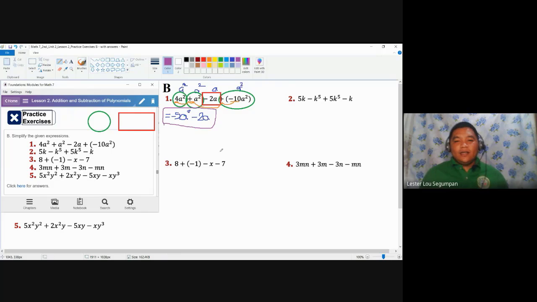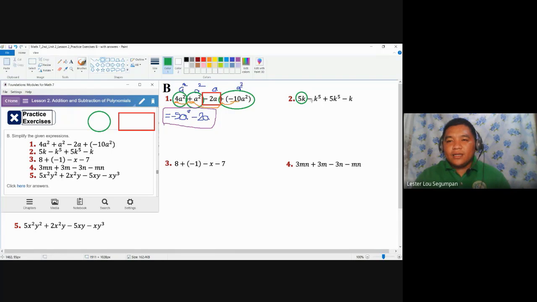Let's use that process for number two. But again, if you are comfortable with your own method, you may continue. I'm just showing this one for better understanding of likeness of terms. For number two, the first term is 5k, wherein its literal coefficient is k. Let us use a circle for this.